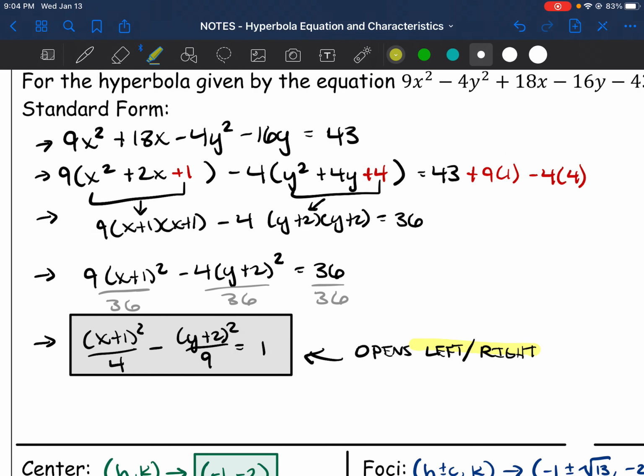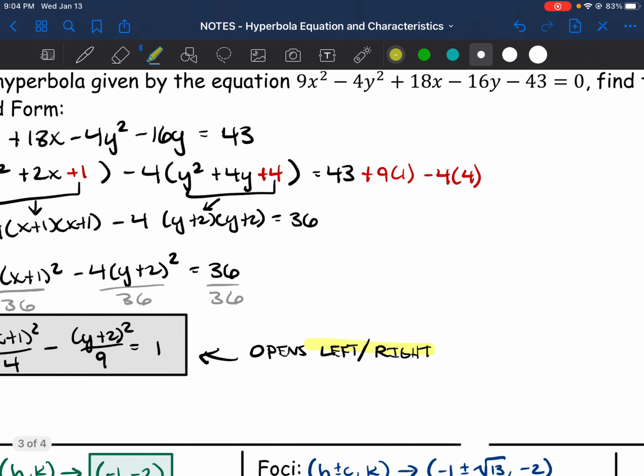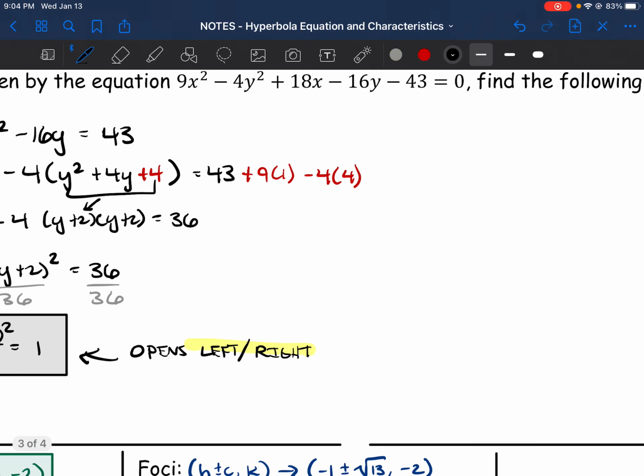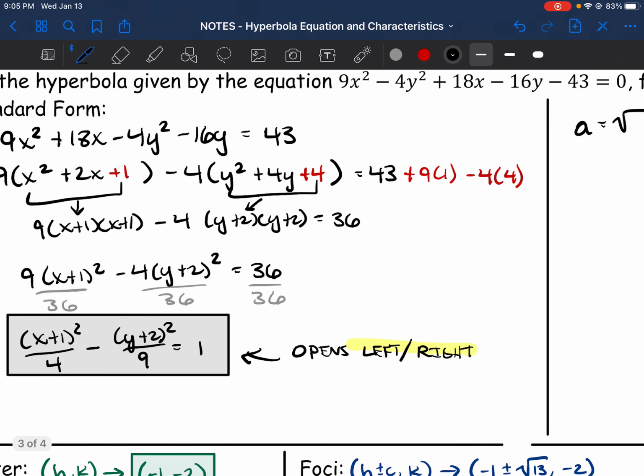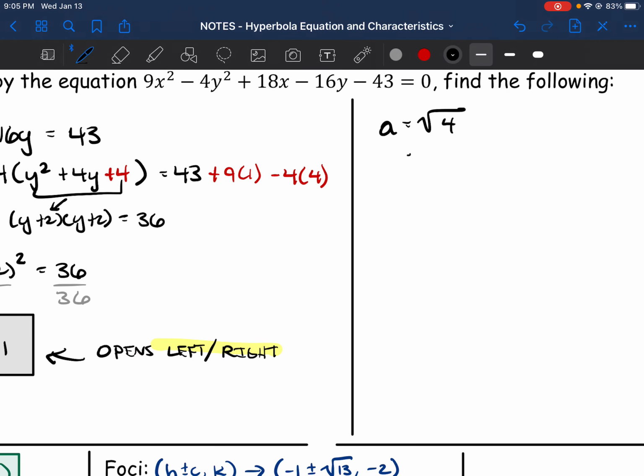All right, so we also know that in addition to finding the direction of opening, we're also going to need to find the A term, the B term, and the C term. So A is the square root of the first denominator on the left. So A is going to be the square root of 4, which is, in this case, 2.